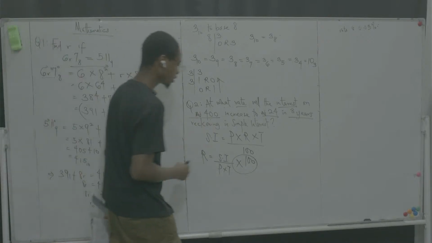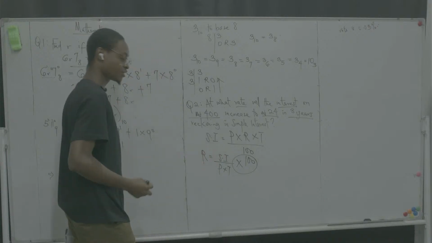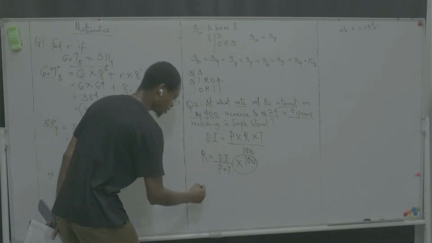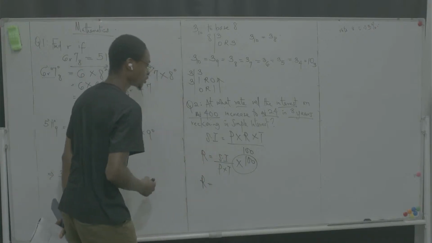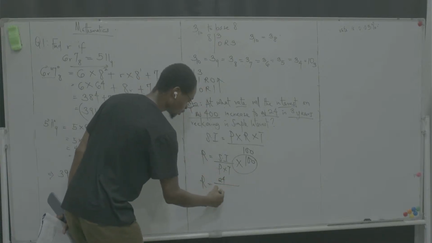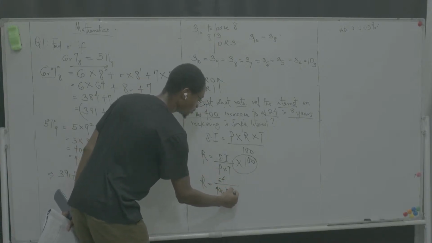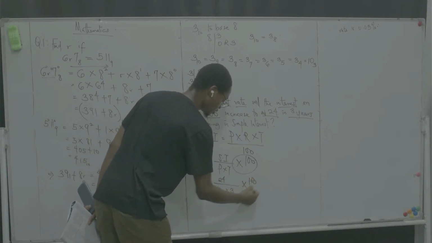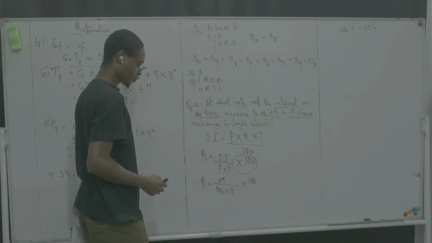Okay, so let's put all those values together. We have the formula for R. Let's put our values in. The rate of interest will be the simple interest, which is 24, divided by the principal, which is 400, times the time, which is 3 years, times 100, right?